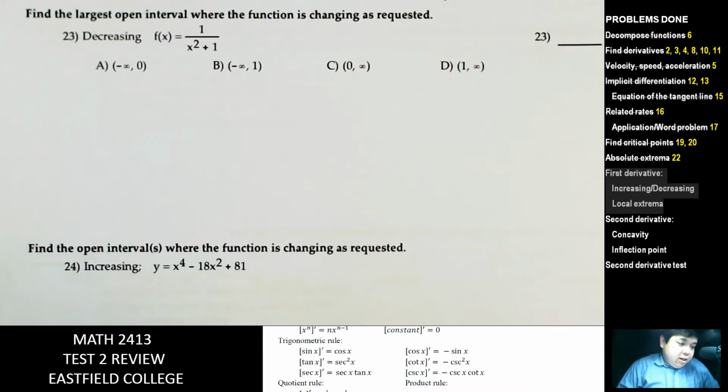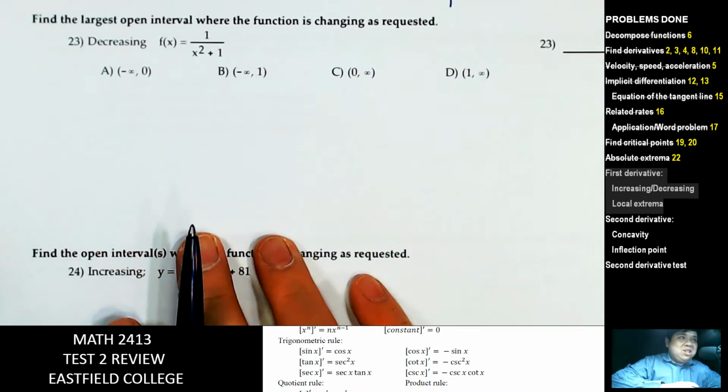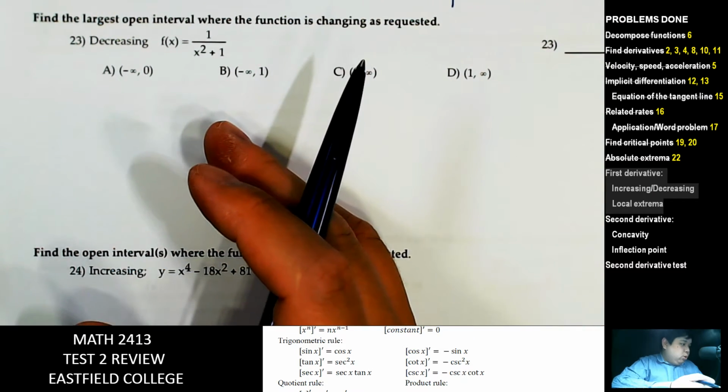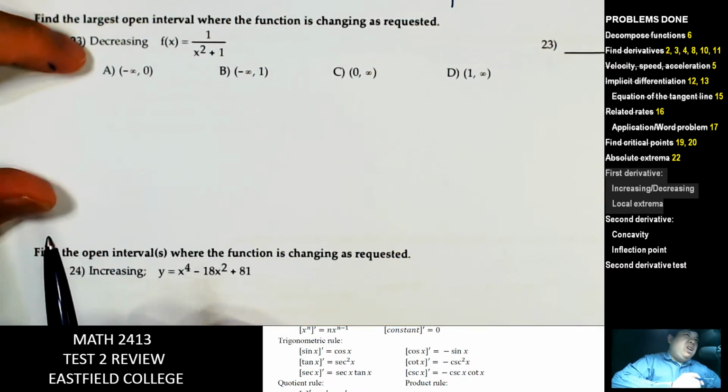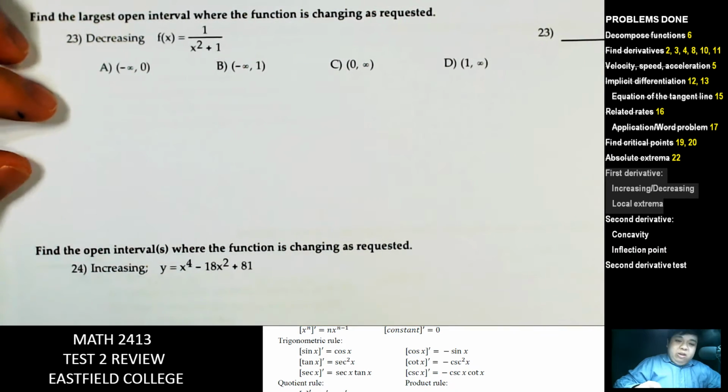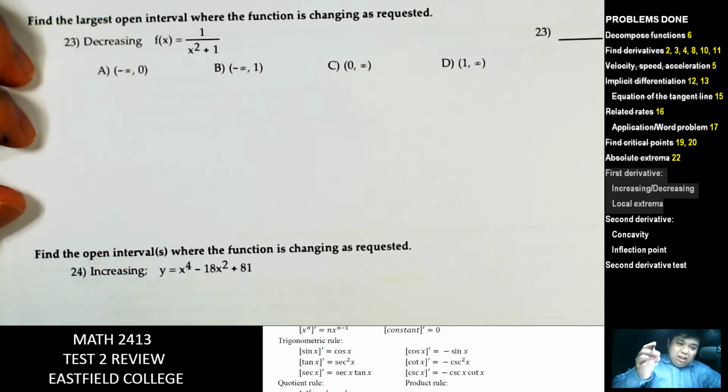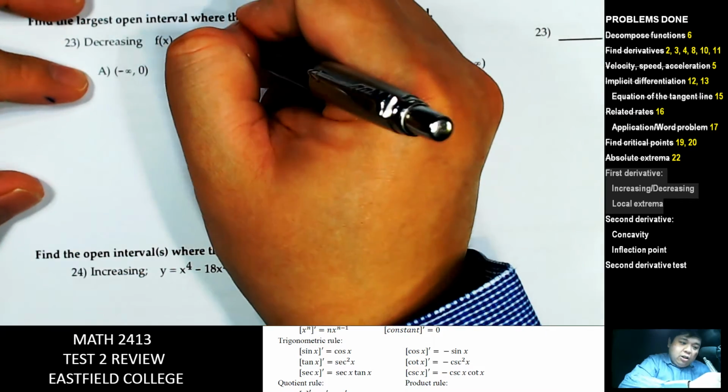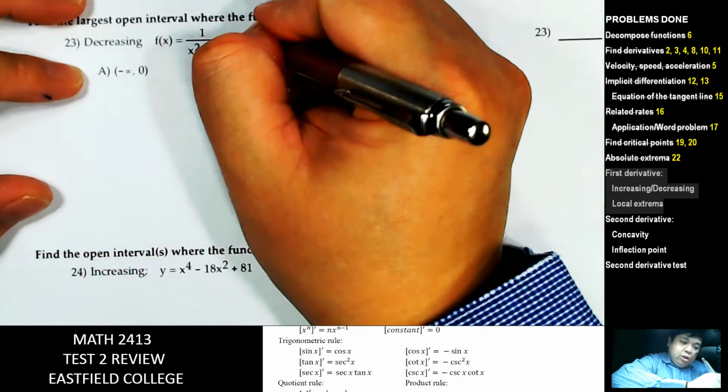So I will look first at 23. We do like what we just did, find where the derivative equals 0 or does not exist. This is the function, and let's use the quotient rule here.